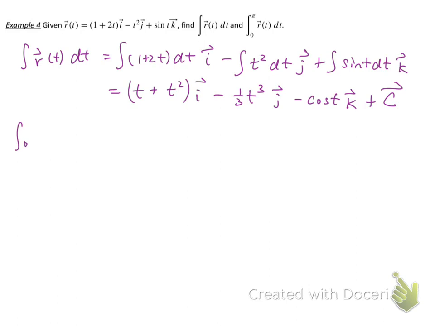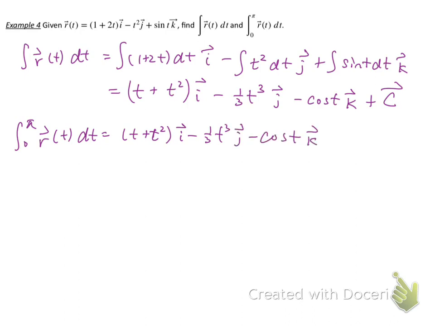Now the definite integral, you just plug in the numbers. It will be this huge thing I just wrote, (t plus t squared) i minus a third t to the third j minus cosine t k, evaluated from 0 to pi. I'm going to do it component by component.